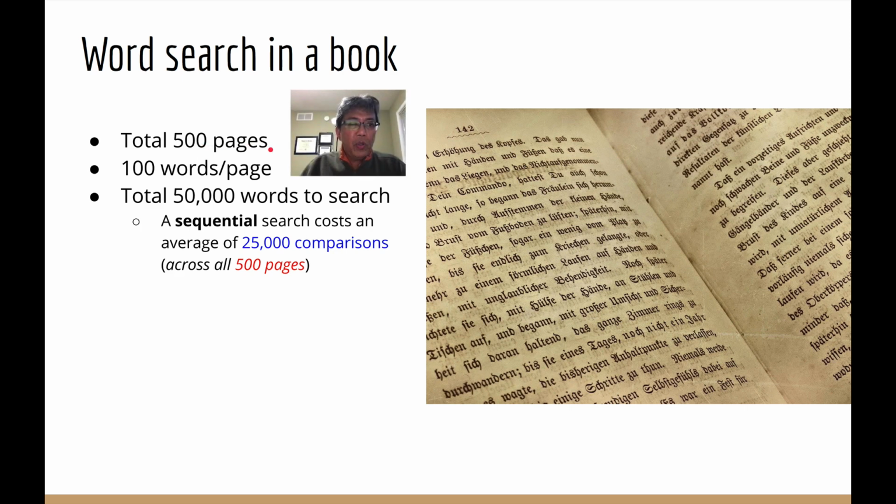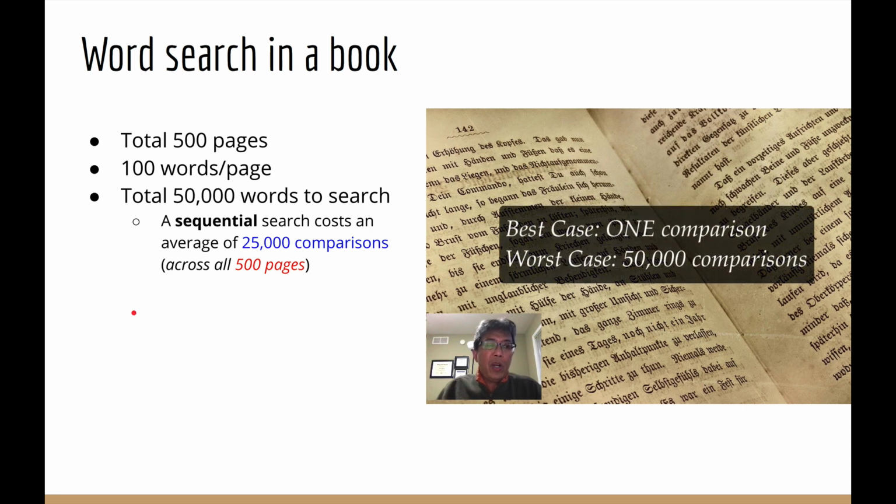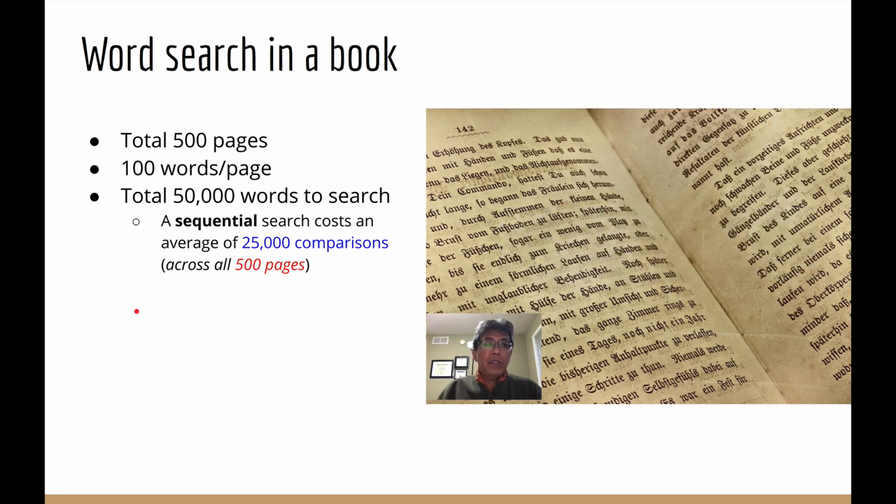With 500 pages total and 100 words per page, we have a total of 50,000 words to search sequentially. If we scan from the beginning of the book until the end, on average, we have to do 25,000 comparisons. Because if the word is found towards the beginning of the book, we have to make only one comparison. But in the worst case, when the word is found towards the end of the book, we have to make a total of 50,000 comparisons. That means on average, we have to do 25,000 comparisons.